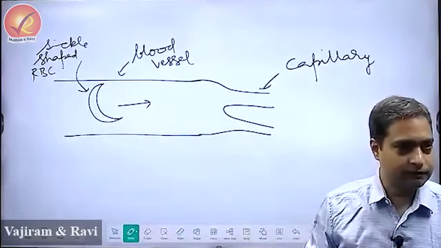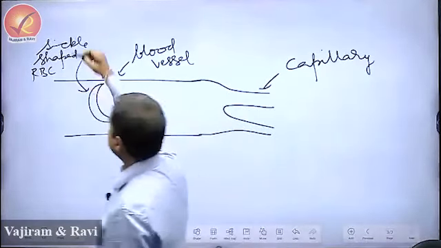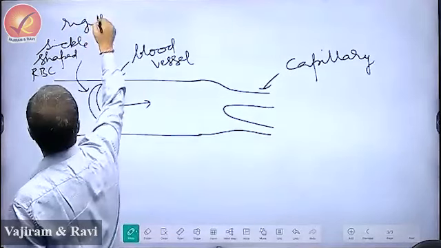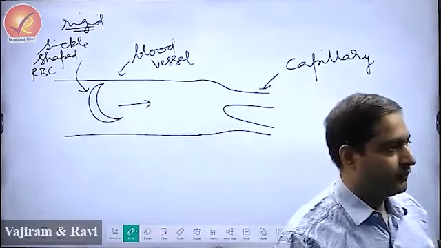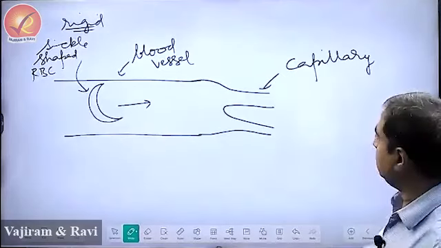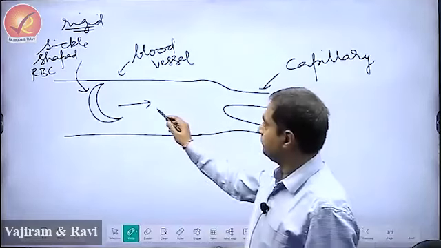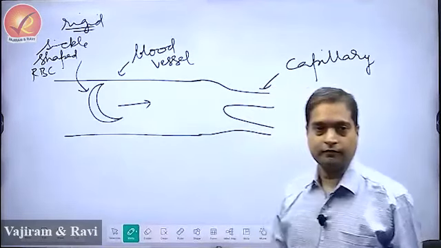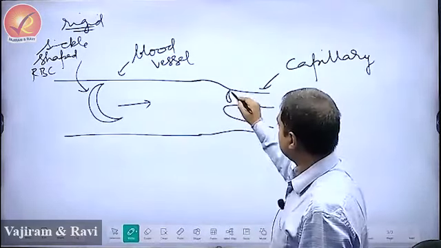But as there is rigidity, these are rigid sickle shape RBCs which do not have flexibility. So what will happen now? Can you tell me? In tiny blood vessels, capillaries, this is going to block the blood flow.